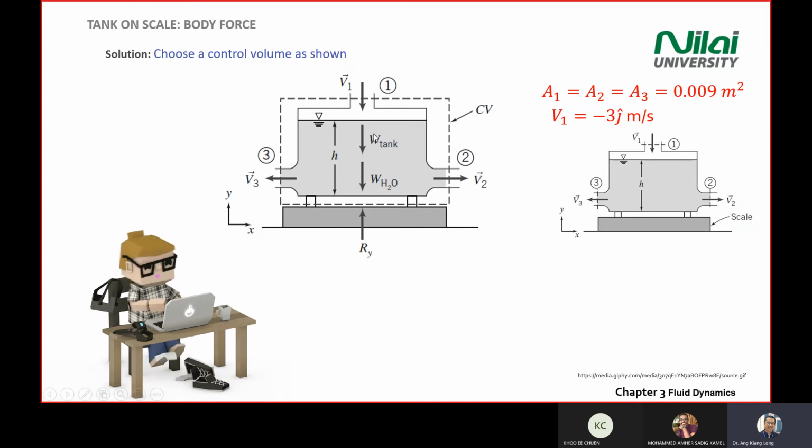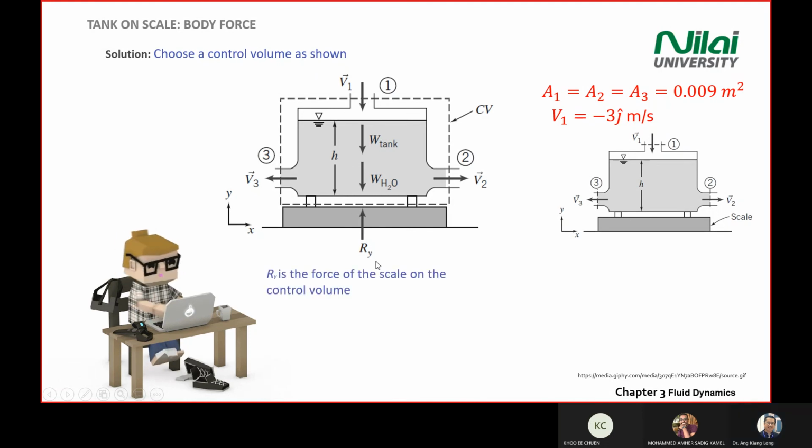So you will have the weight of the tank and the weight of the water, and then you have a velocity going in and out with the reaction force on the scale here. So you have 3 vertical forces here. One is the weight of the tank, one is the weight of the water, and one is the reaction force that counters the 2 vertical forces over here.